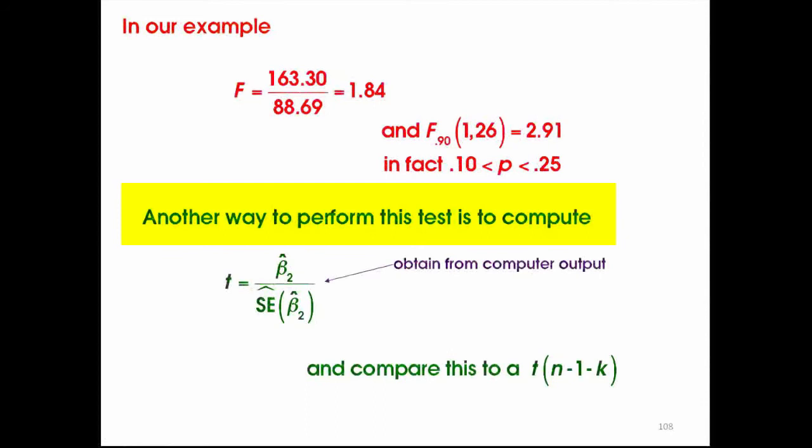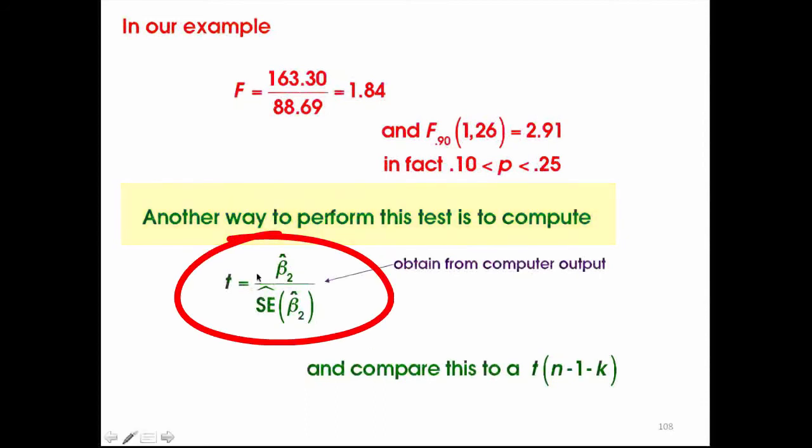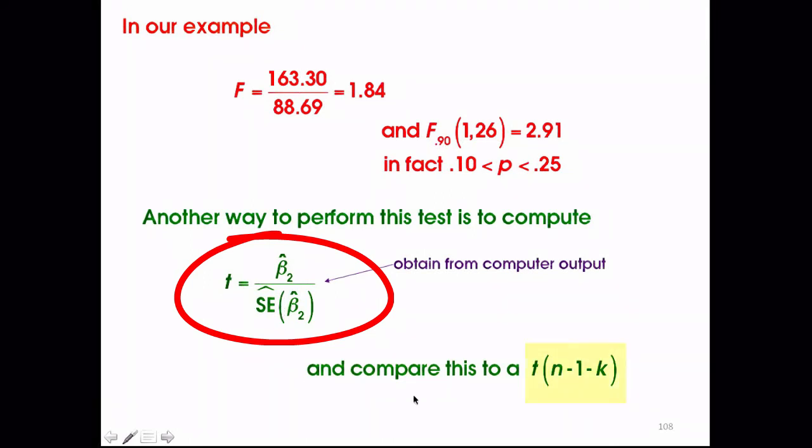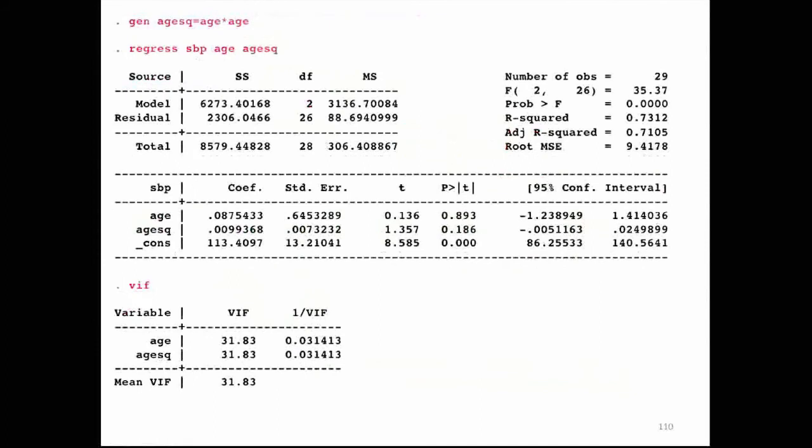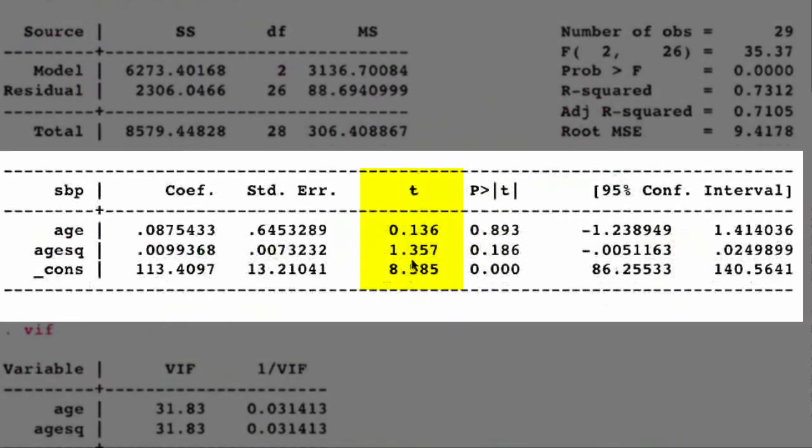Another way to perform this test is to compute the t, where you take the estimated coefficient over the estimated standard error, and you compare this to a t distribution with n minus 1 minus k degrees of freedom. What you've got to see is that the t-test for h squared here, 1.357 with p-value 0.186, is exactly equivalent to the partial F test comparing two models: the model with h squared and h compared to the model with just h.